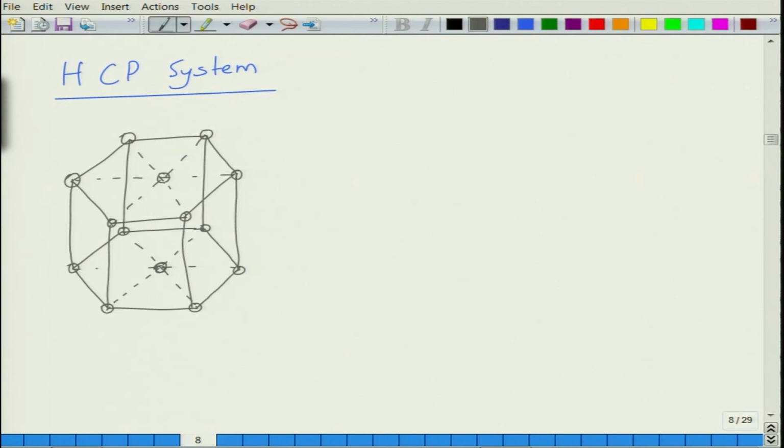And of course, you will have two atoms somewhere in between 1, 2 and 3 like this. So, these are at C is equal to half, these are at C is equal to 1 and this is C is equal to 0.